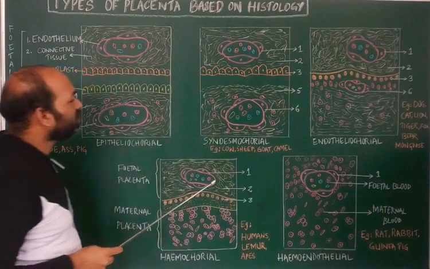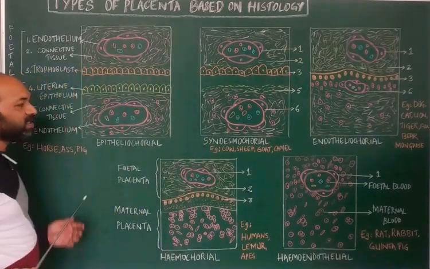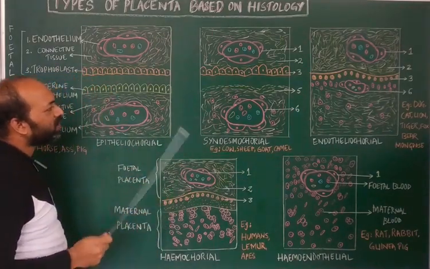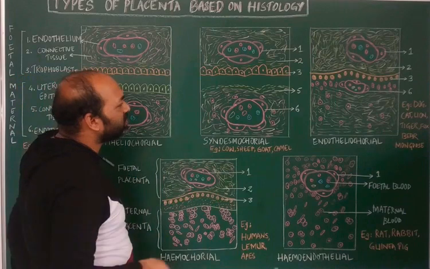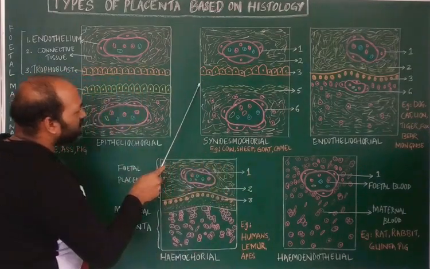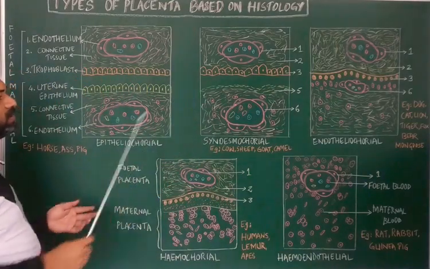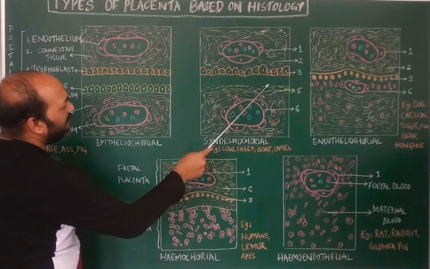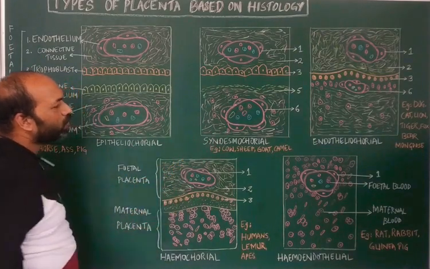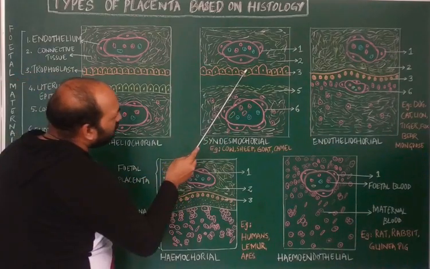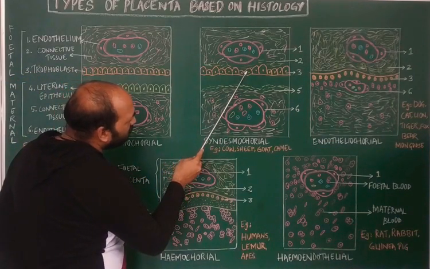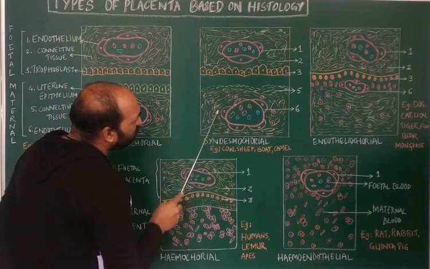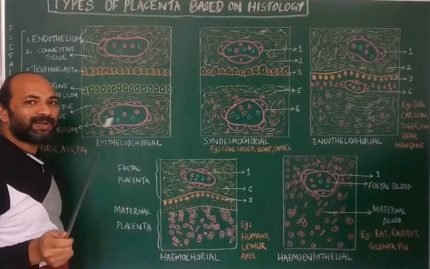Next is the second type, called Syndesmochorial placenta. It consists of 5 barriers, where one of the barriers is removed. That is, the uterine epithelium is absent in Syndesmochorial placenta, which means the chorion is directly in contact with the connective tissue of the maternal part of the placenta.